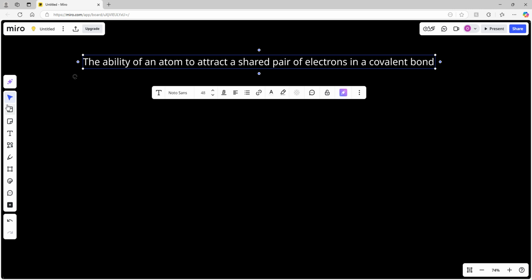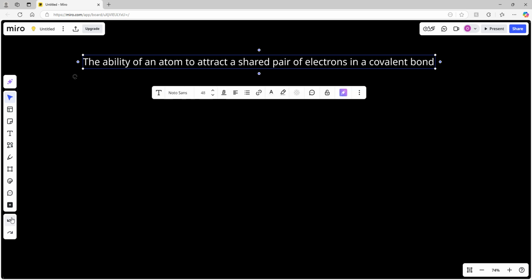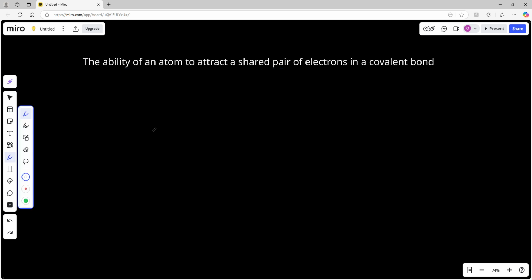I'll explore this idea further now. Okay, so what does this actually mean? If we look at a hydrogen molecule, this is arguably the most basic molecule ever. It contains 2 electrons here and here, and you may notice that I drew them exactly in the center of the bond.